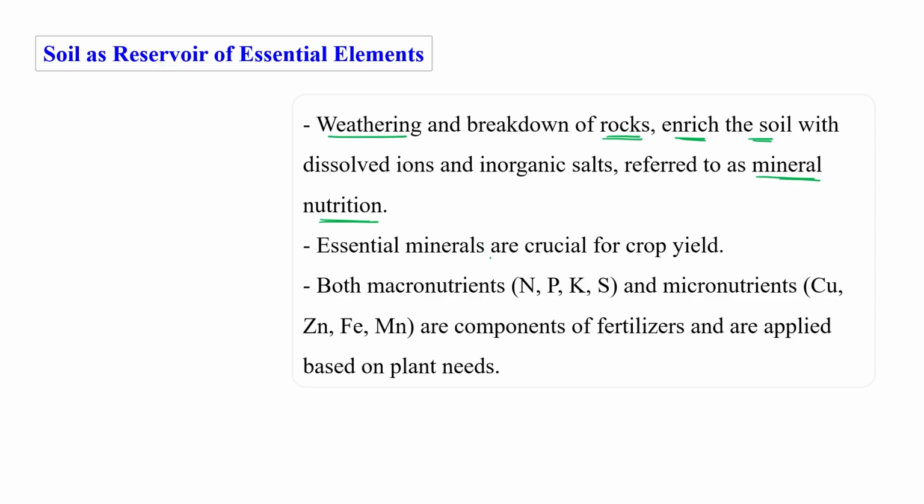Essential minerals are crucial for crop yield. Macronutrients means nitrogen, phosphorus, potassium, sulfur. Micronutrients are like copper, zinc, iron, manganese. These are the components of fertilizer and are applied based on the plant need. But both macro and micro are important for the healthy growth of a plant.